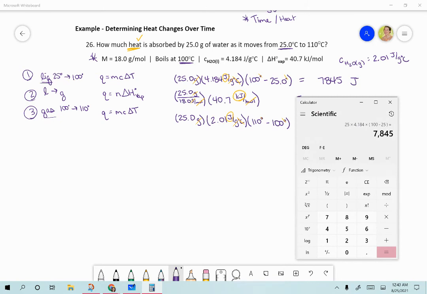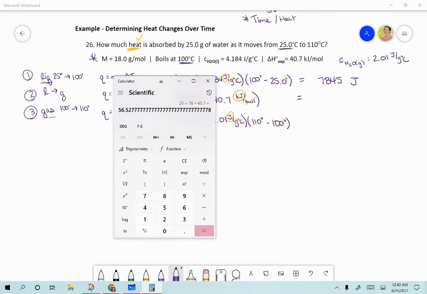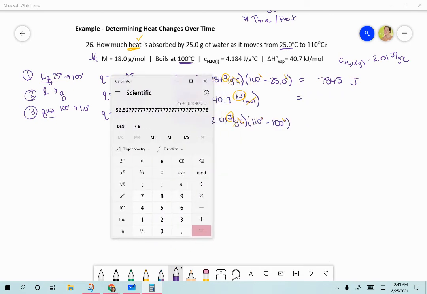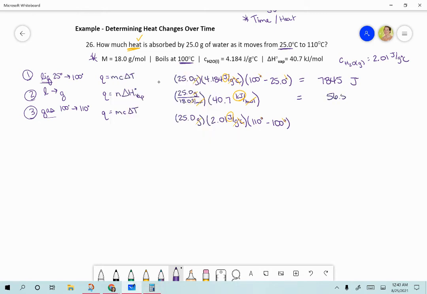For my next equation, I'm just going to take 25 divided by 18. I take my mass divided by my molar mass, and then I'm going to multiply that by my heat of vaporization. So I get 56.528. Now remember, this one's in kilojoules.